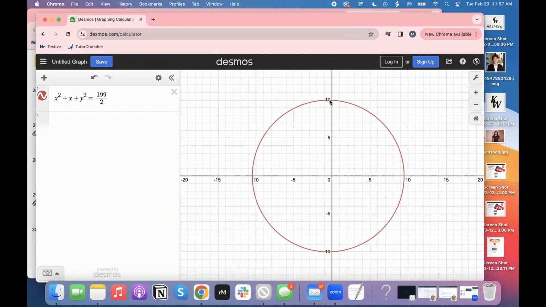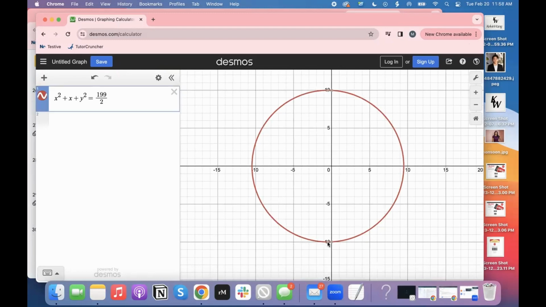But since the top is 10 and the bottom is negative 10 and a half, about 9.987, what we could do is take the distance from the top, which is 9.987, to the bottom, which is also 9.987.